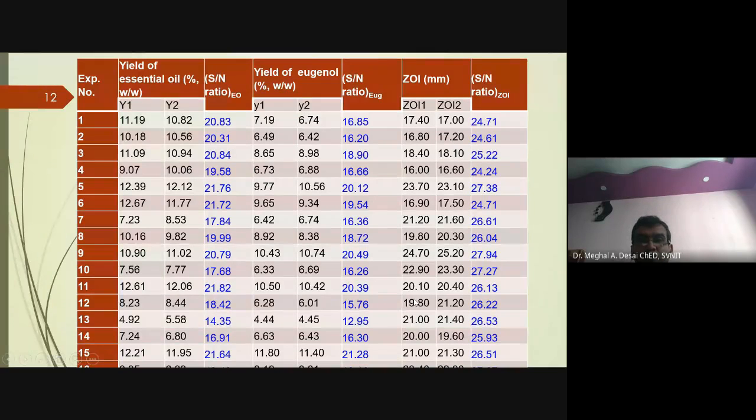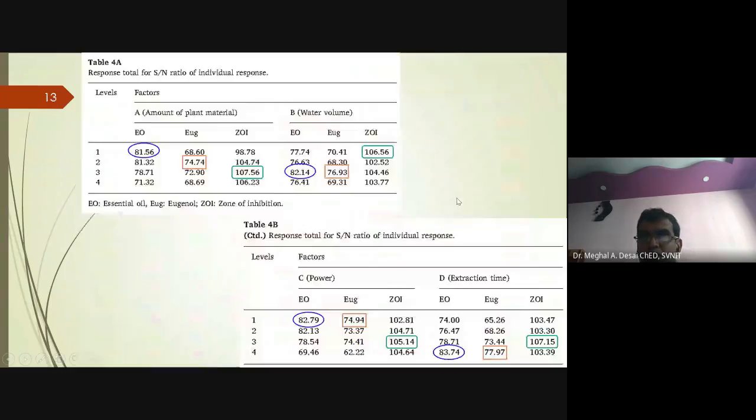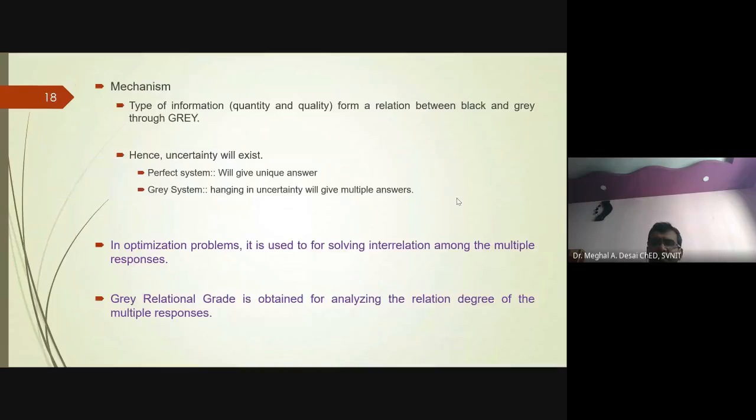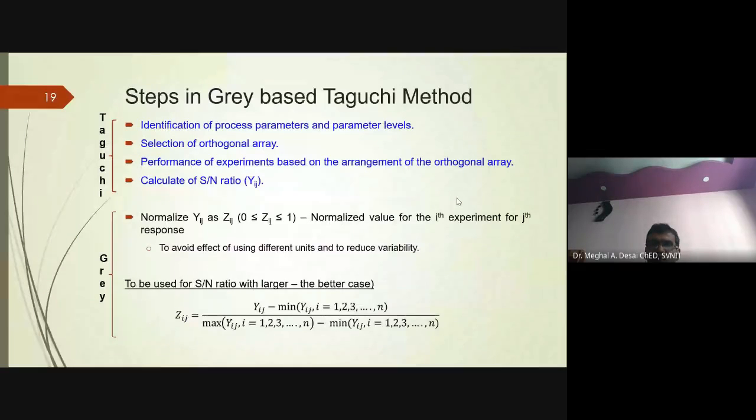So the variation range is different. Even the units used for calculation are different. So we need to normalize that so that the variation is kept within a desired range.